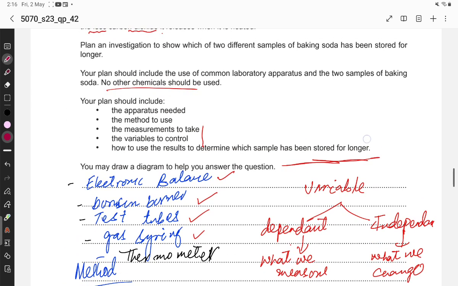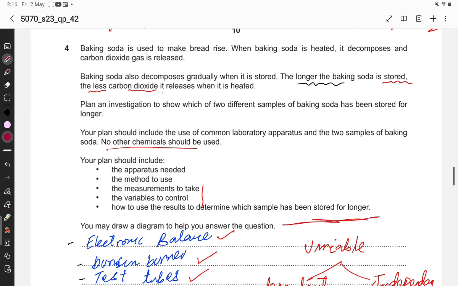So all the information is there. Baking soda which has been stored for longer produces less carbon dioxide when heated. The longer the baking soda is stored, the less carbon dioxide it releases.